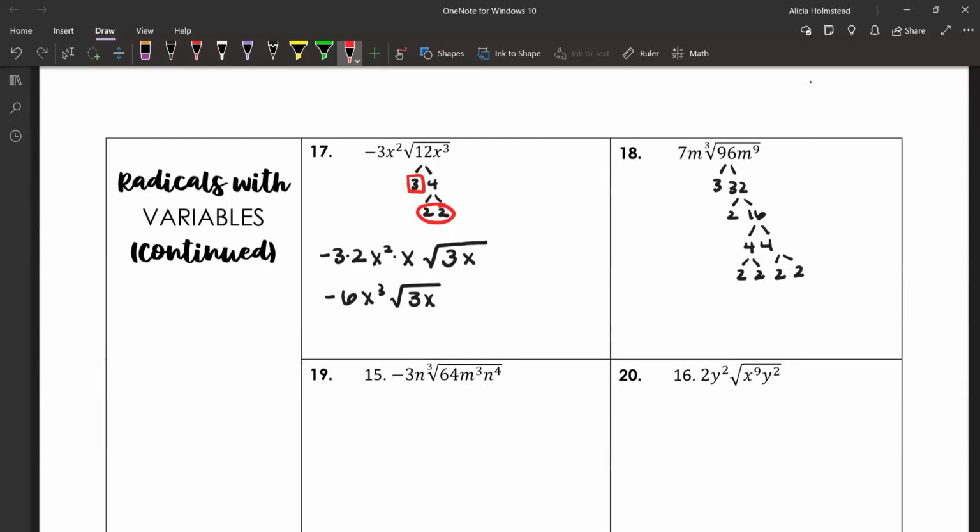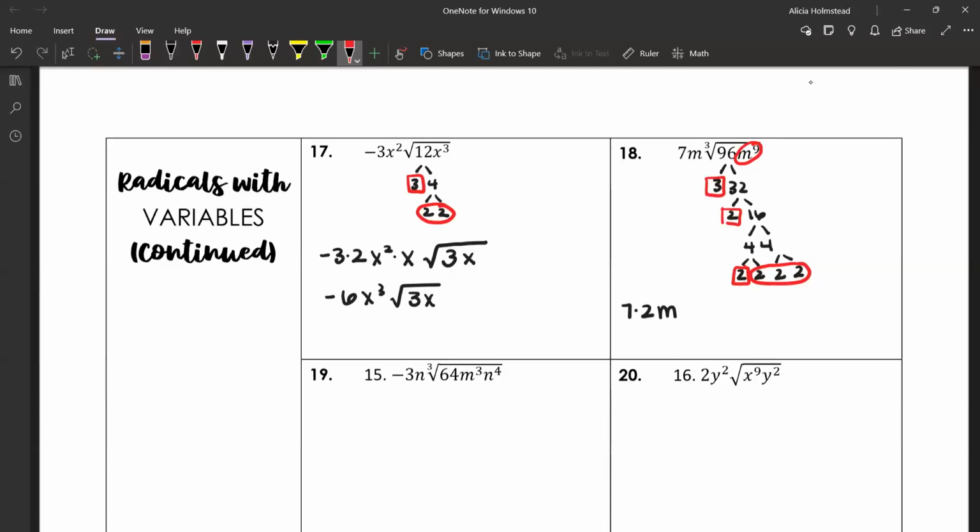Now our index is a 3, so we're looking for groups of 3 things. So we've got those 3. Then it looks like we have no groups of 3 left, so we've got a 2 and a 3 left over. So if we go ahead and rewrite this radical, we're going to have the 7 that's already there times the 2 from the group of 3 things, the m that's already on the outside, and then if we look at our m's that are inside here, we're looking for groups of 3.